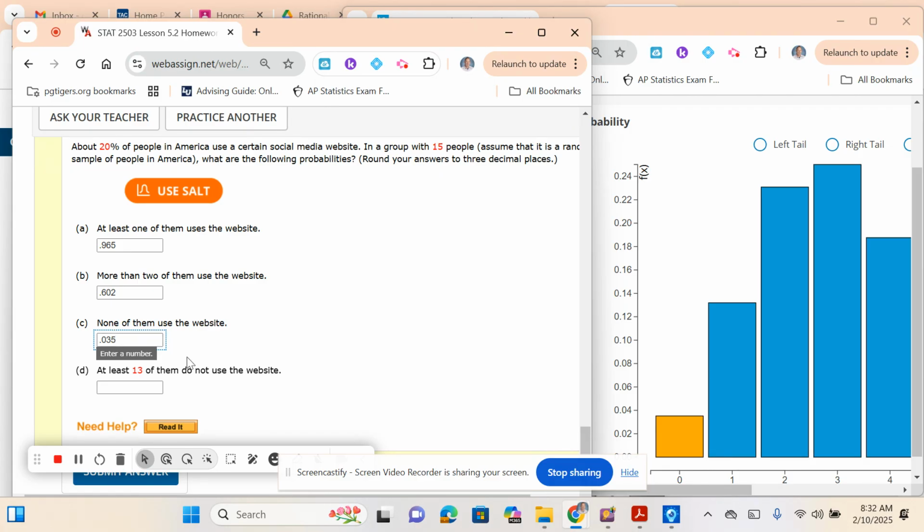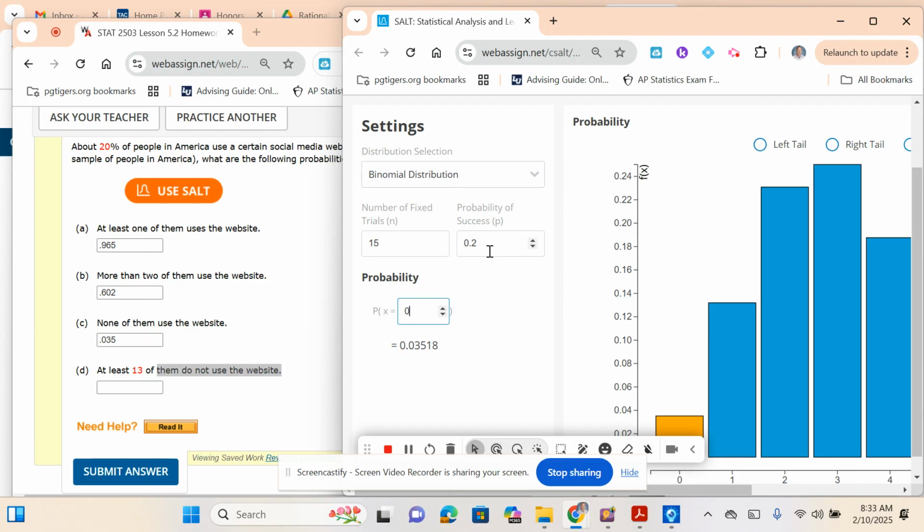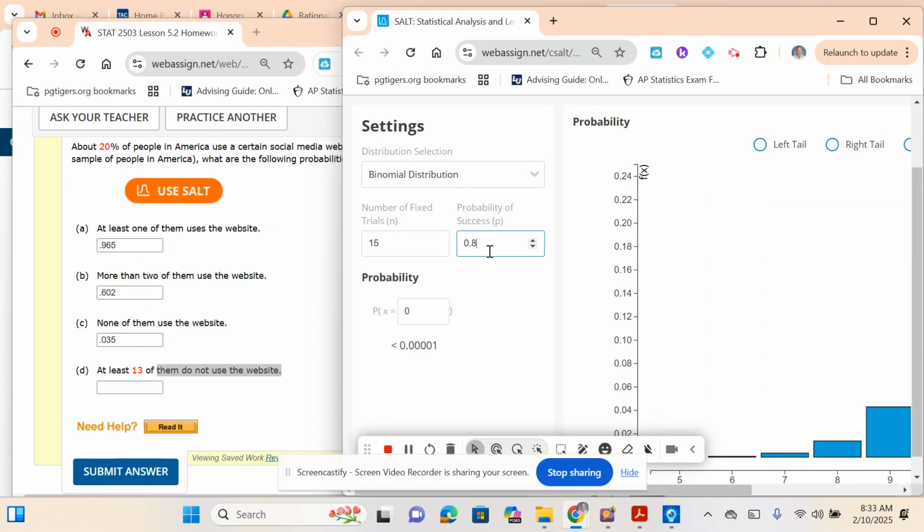Now, this one throws you a curveball. At least 13 of them do not use the website. If 20% use the website, what percent do not use the website? 80%. Good. So I have to work with the complement here, the probability they do not use the website. At least 13, is that 13 and above or 13 and below?